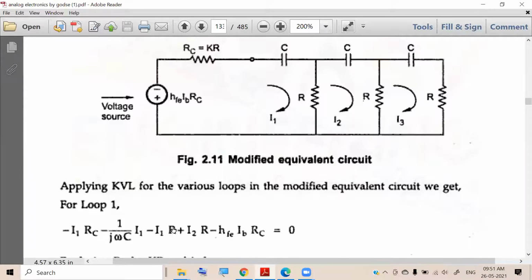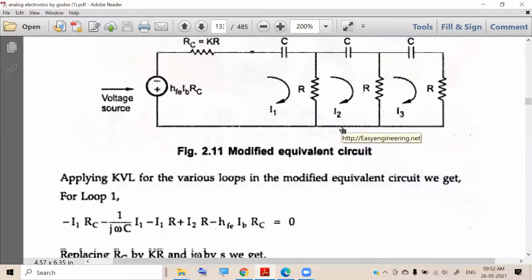So I1 we already completed, minus I1 into R, but I2 in the opposite direction, so plus I2 into R. Then these three components we completed. Last here, the leaving terminal is negative, so minus HFE IB into RC is equal to 0.